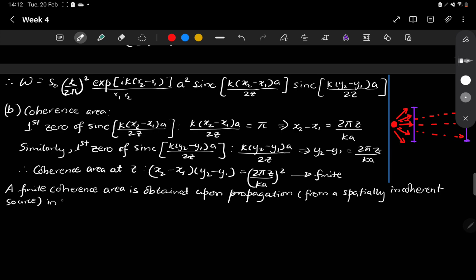When we are far away and looking in the paraxial approximation, this is when this effect appears.